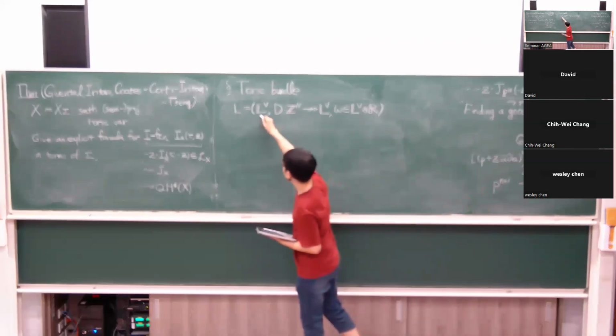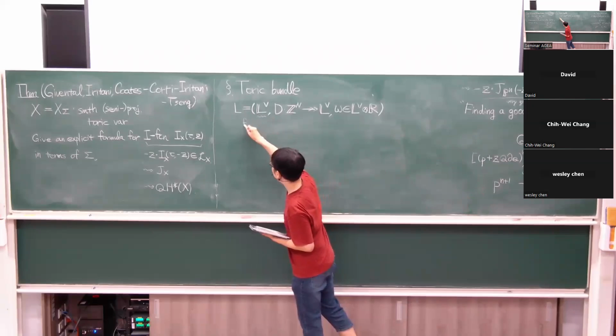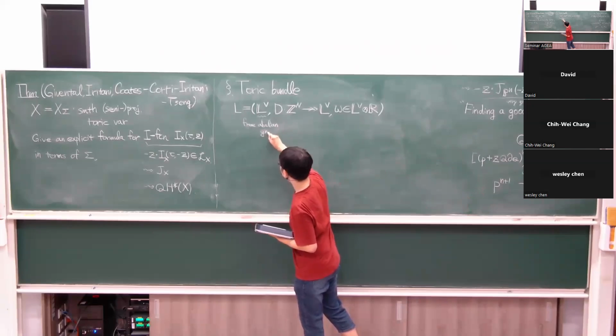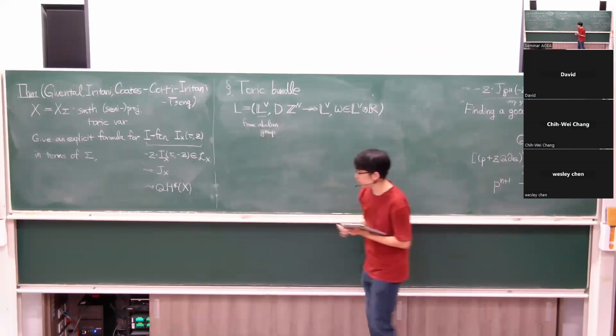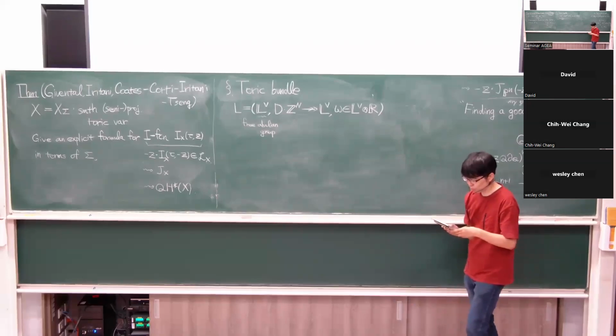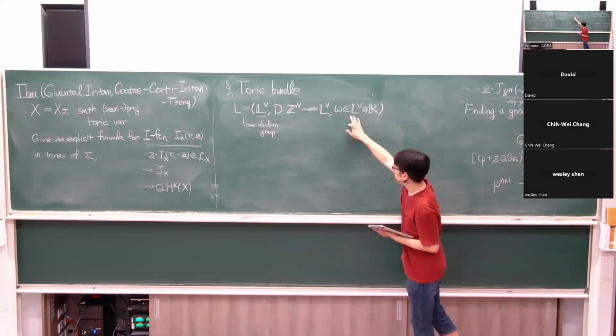Here, the first one is a free abelian group of finite rank. We impose some condition on omega.